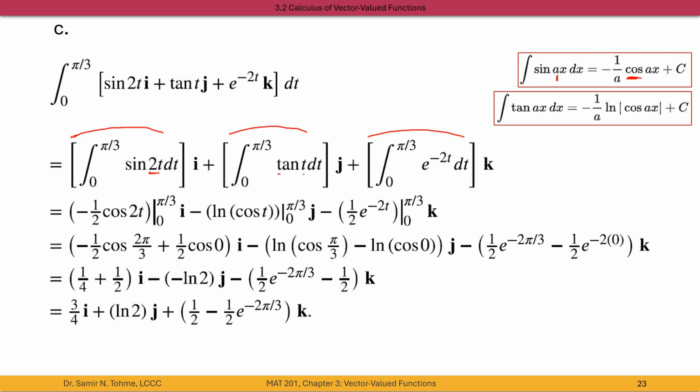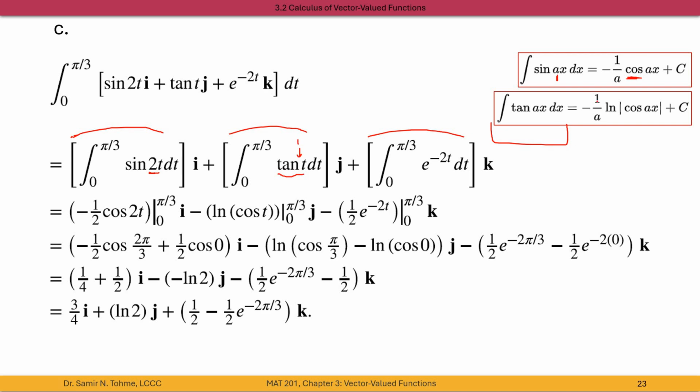The integration of tangent t is given by this formula. The integration of tangent ax is minus 1 over a times ln, the natural log function, ln of cosine ax. Let's apply this formula. So a is here 1.